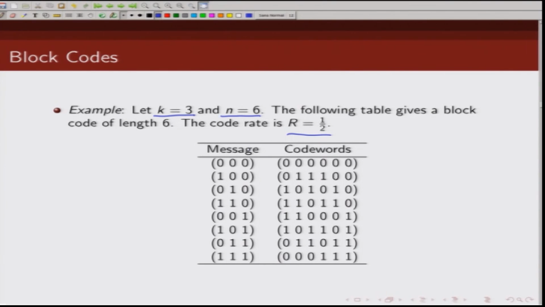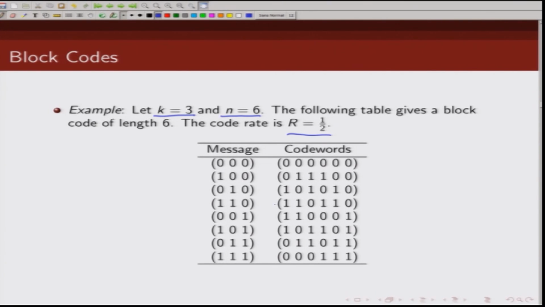Since k is 3, there are 2 raised to power 3, which is 8 code words. The messages go from 000 to 111, and corresponding to these 8 messages, these are the 8 code words. 000 is mapped to the all-zero sequence, 100 is mapped to 011100, and likewise the other sequences have been mapped.